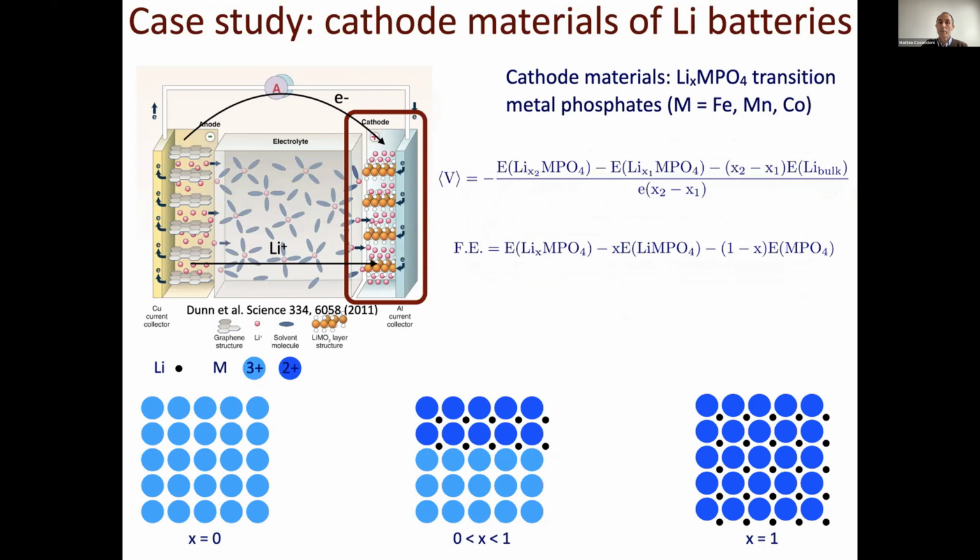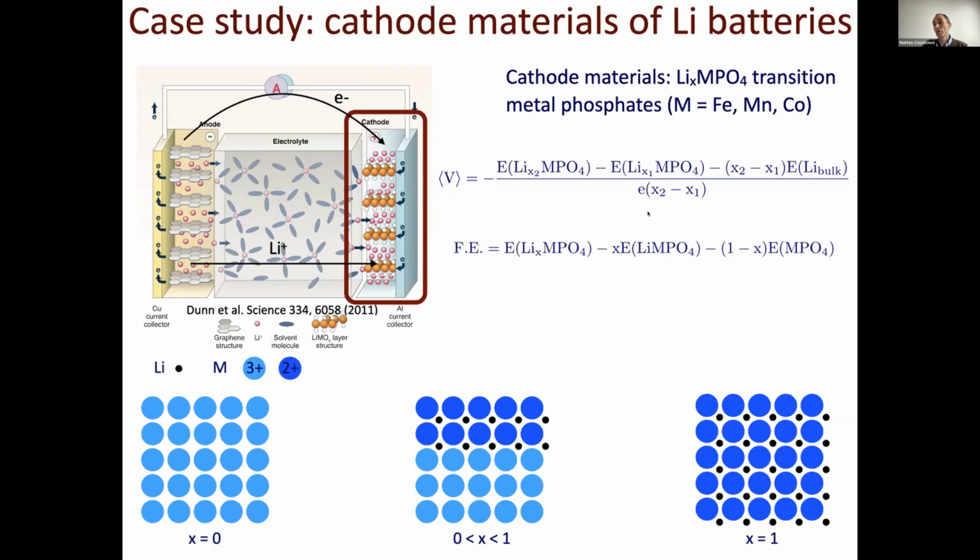Okay, so let's speak about average voltages and formation energy of the intermediate phase. The average voltage depends on the total energy difference between the delithiated state and the fully lithiated one, while the formation energy compares the energy of anything that we can imagine at intermediate lithium concentration to the corresponding linear combination of the energies of the other two phases, the delithiated one and the fully lithiated one.